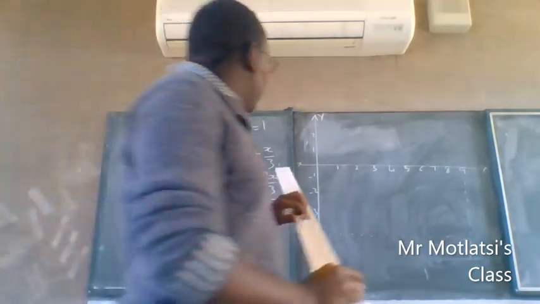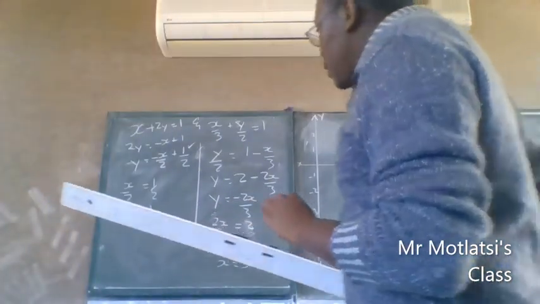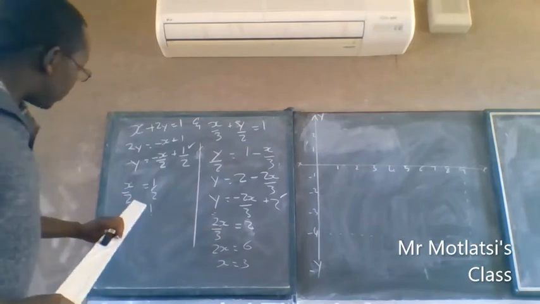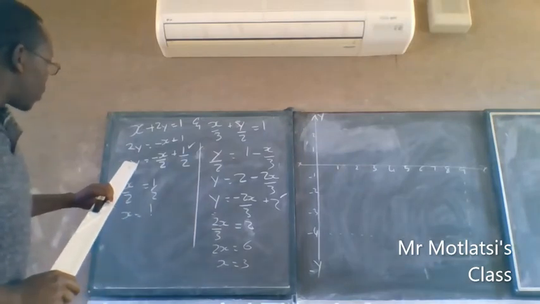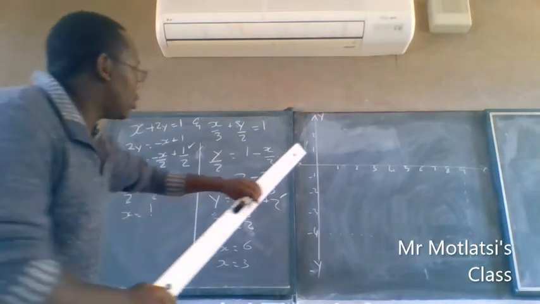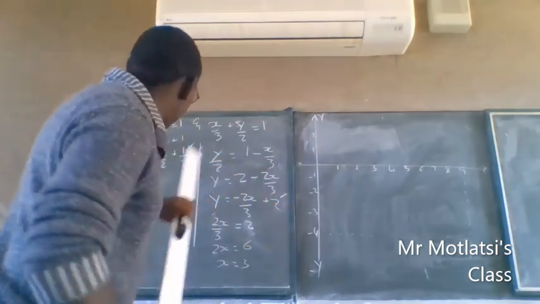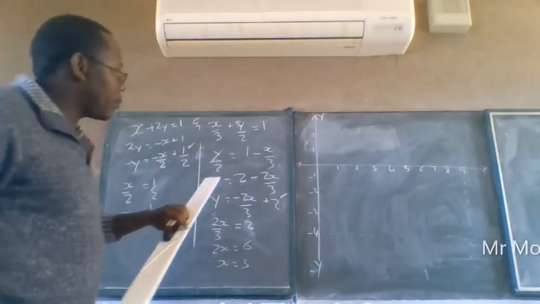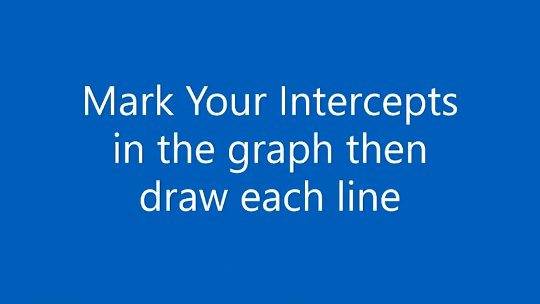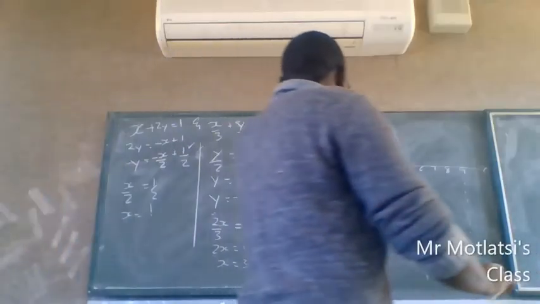And so therefore, let's see. The first one crosses the y-axis at half, and then it crosses the x-axis at 1.